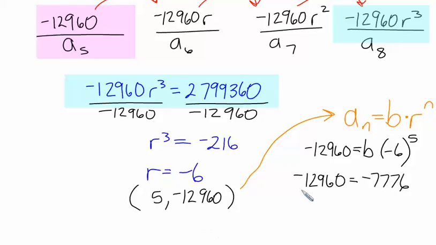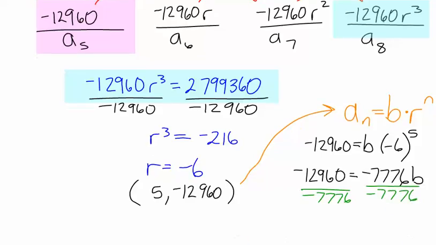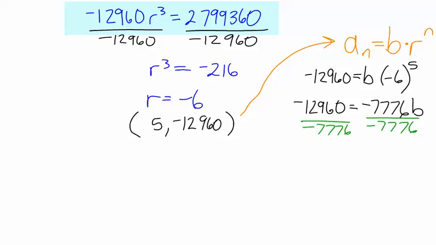And now we're going to divide to solve for b. Don't forget to put the b there. So b stays over there. We're dividing both sides by negative 7776 to solve for b. And as we go about solving this, we're going to hopefully figure out what the value of b should be.